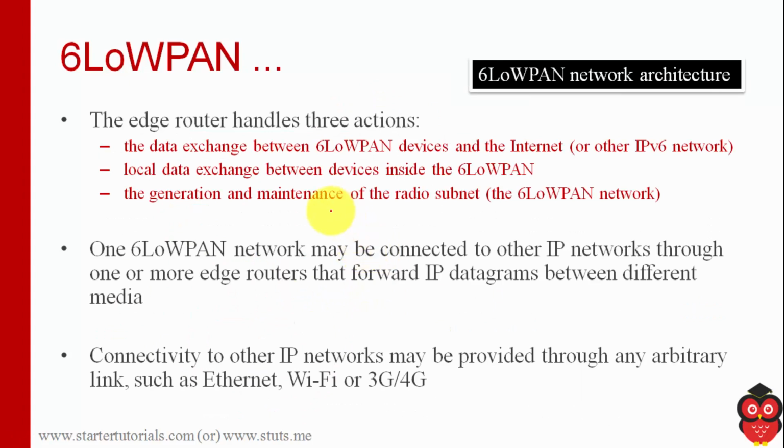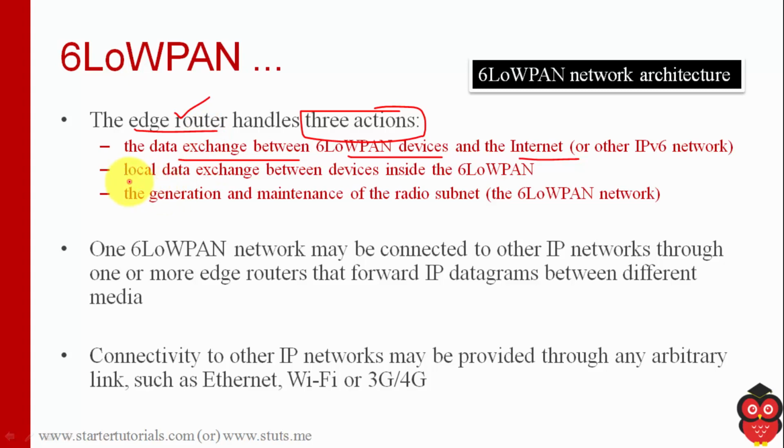That edge router has three main functionalities. The first one is the data exchange between the 6LoWPAN devices and the internet. Sending and receiving the data between the 6LoWPAN devices and the internet is carried out by the edge router.